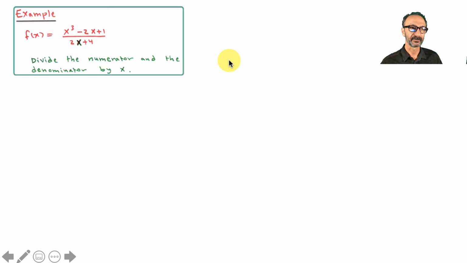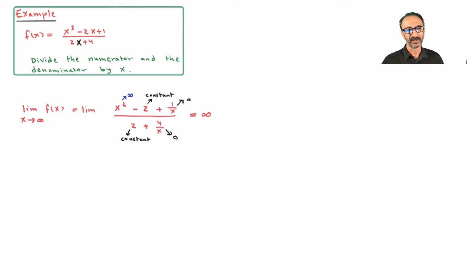Next, divide by x. I'm darkening it for you so you can see it, guys. Save you some time. This is going to infinity. That's going to be just a constant. That's a 0, that's a 0, that's a 2. X to the third divided by x, we're dividing by x, it's going to be x to the second. This is going to grow.